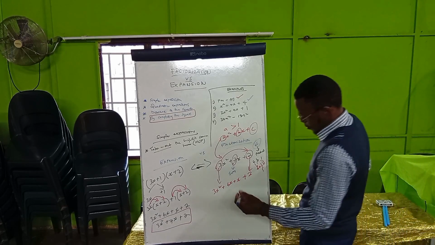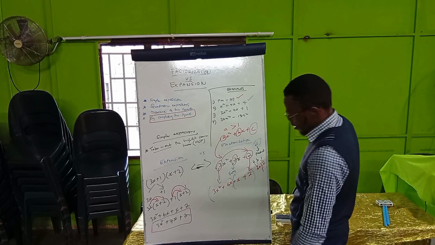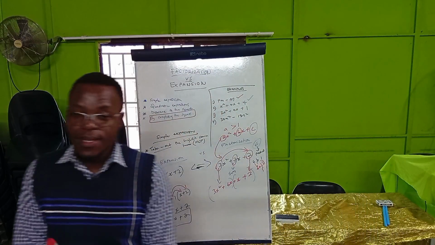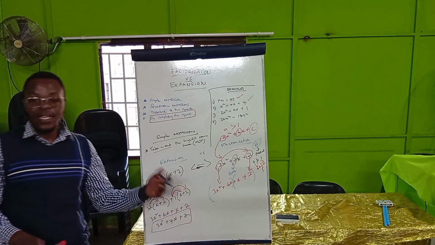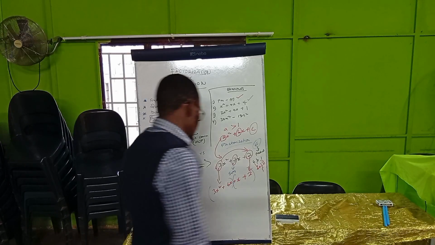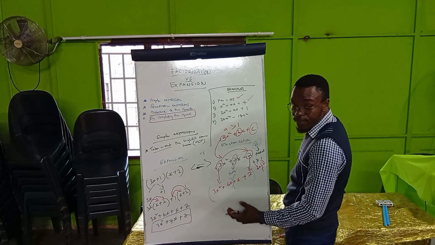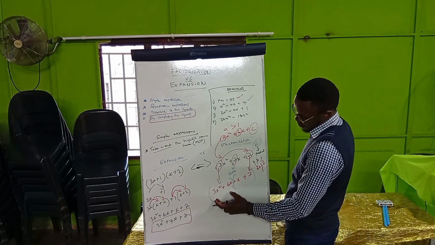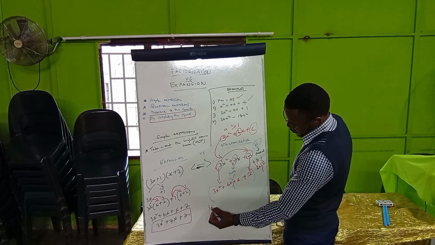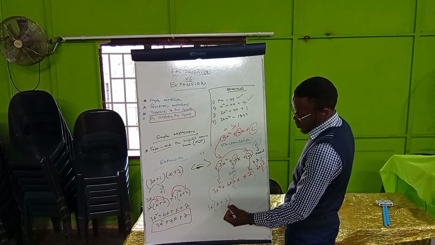Then, of course, we do what we call grouping. Grouping simply means you group the first 2 terms and group the last 2. Then take out the highest common factor to factorize this. So the highest common factor here would be 3x, and we're left with x plus 2.